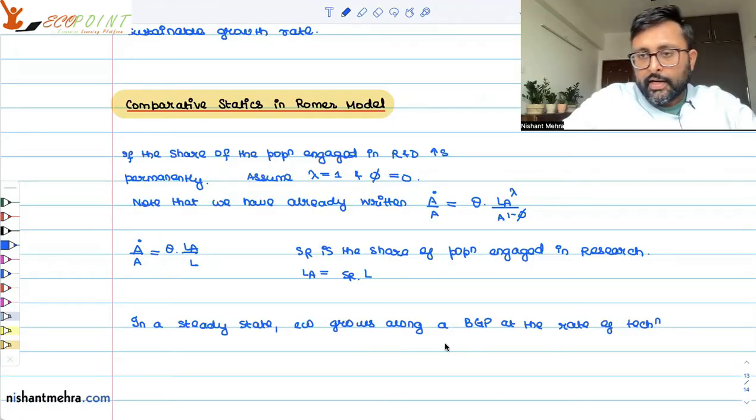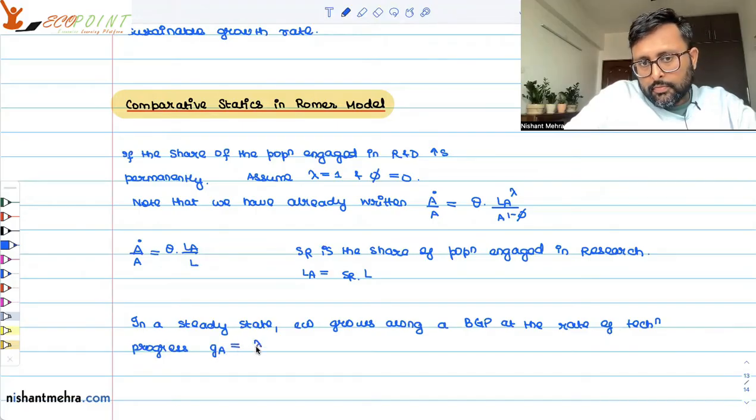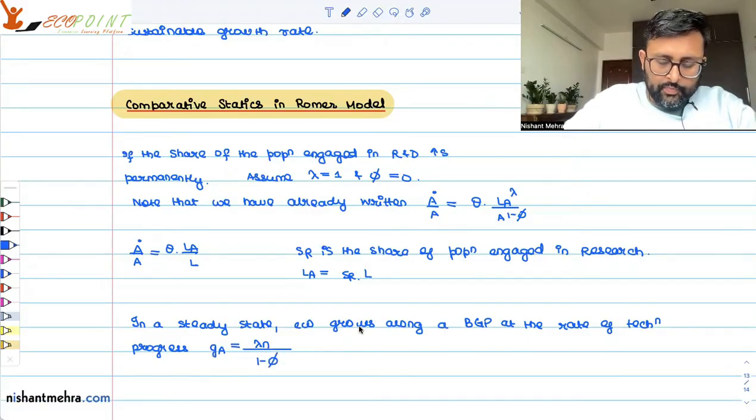The rate of technological progress GA equals lambda n upon 1 minus phi.